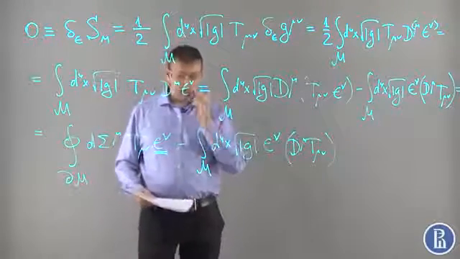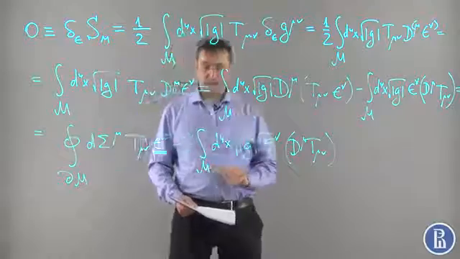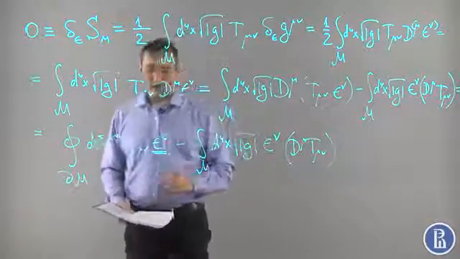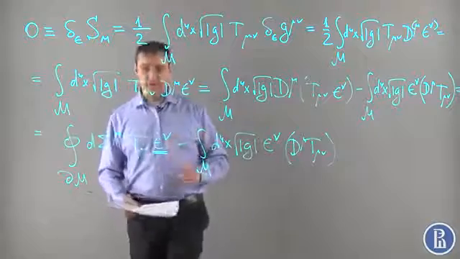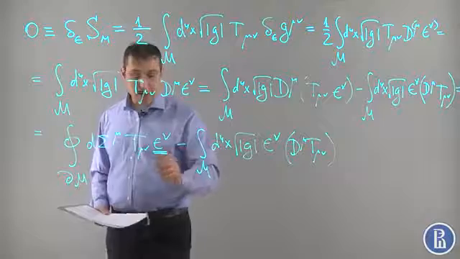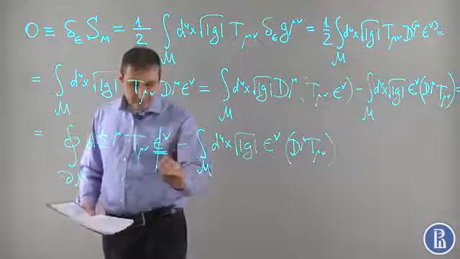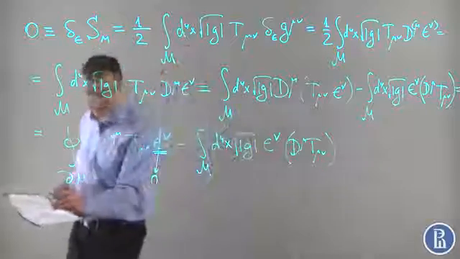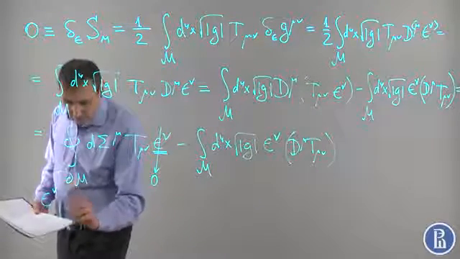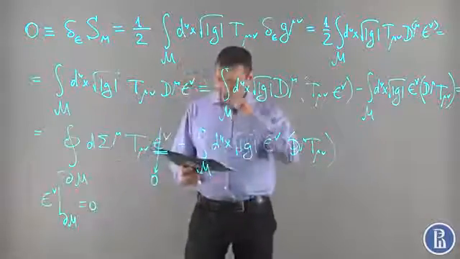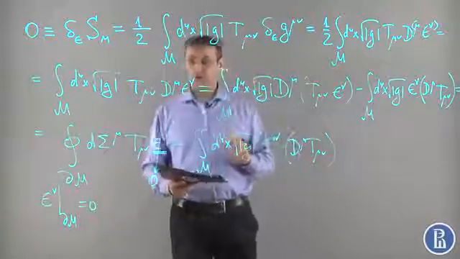But we are not going to discuss it in this course of lectures because we are just learning the general theory of relativity from the very beginning. So we assume that the coordinate transformations vanish at the boundary: epsilon nu at the boundary is 0. So our variation does not change the boundary terms.